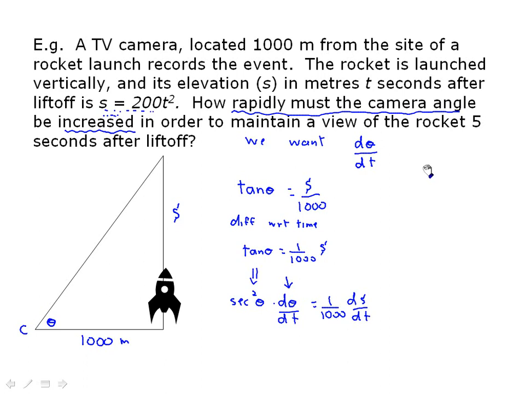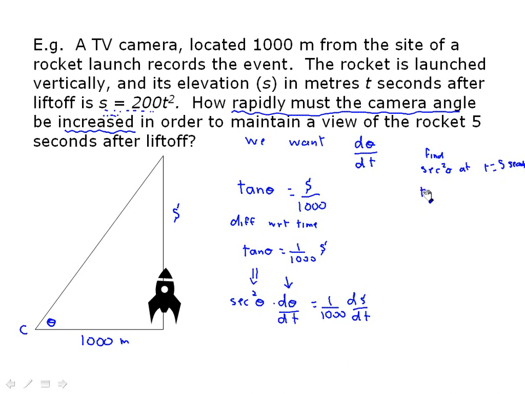And secant squared theta, I'm just going to take this up to the side. So find secant squared theta at t is equal to 5 seconds. Oops. Can't use s because s is being used for position. Now, we've been here before.